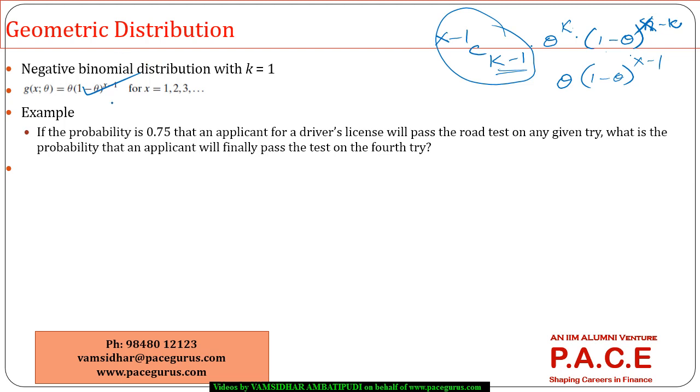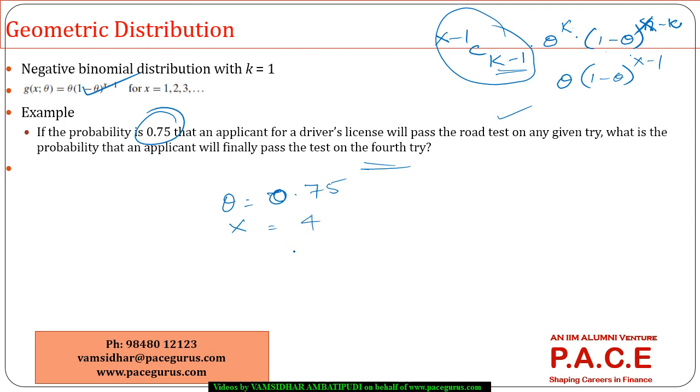Right? So if I take this as an example: if the probability is 0.75 that an applicant for a driver's license will pass the test on any given try, what is the probability that the applicant will finally pass the test on the fourth try? So I get my x as 4.